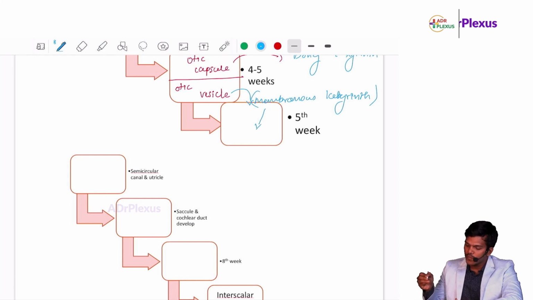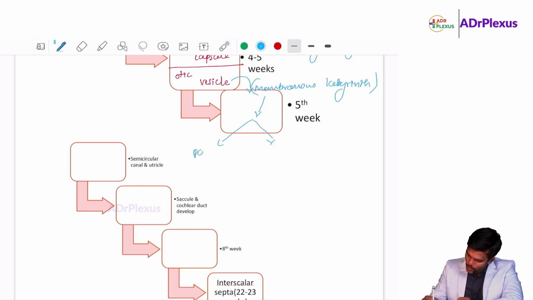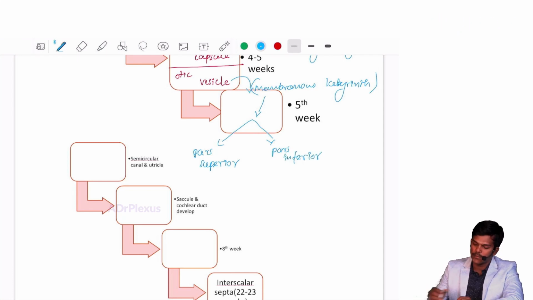Okay. So by the 5th week this membranous labyrinth will differentiate into two parts, mainly pars superior and pars inferior.